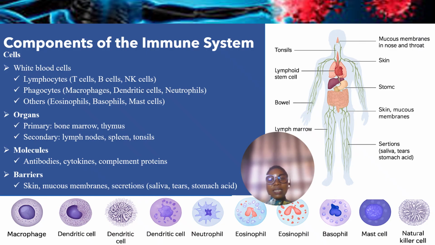The lymph nodes, the spleen, and tonsils are like the checkpoints where battles often take place. The molecules are the weapons that help to mark enemies, call for reinforcement, or kill them directly. And the barrier is like the fortress wall. I hope this helps you understand it better.